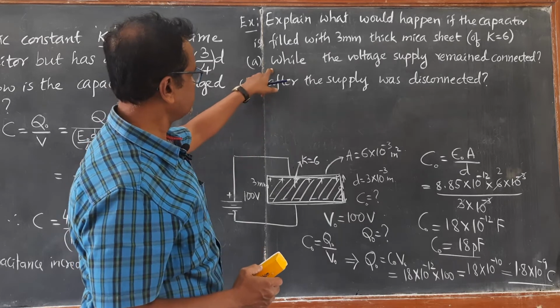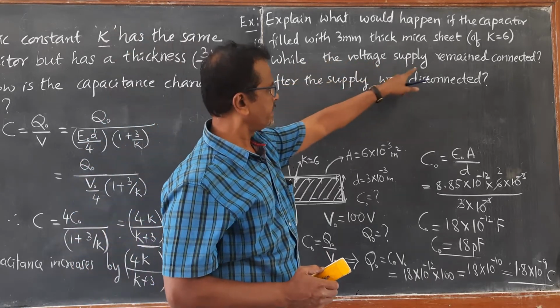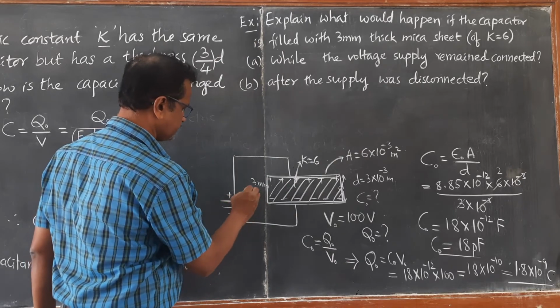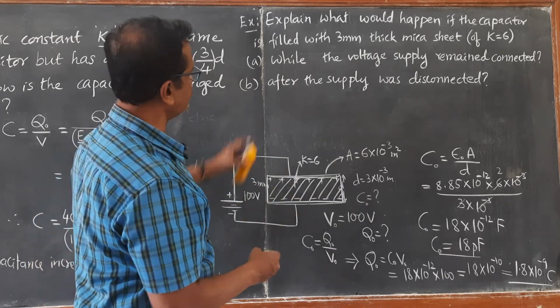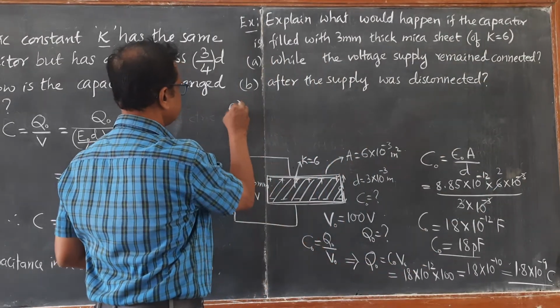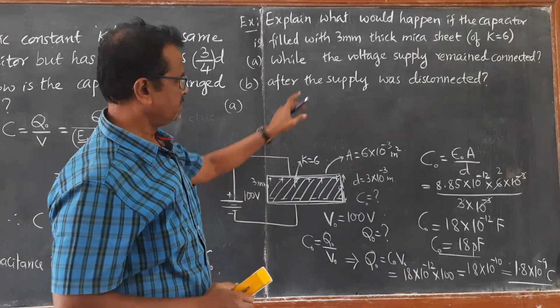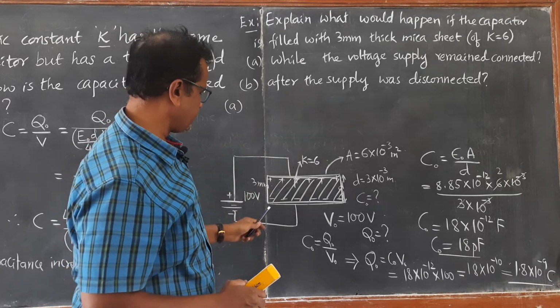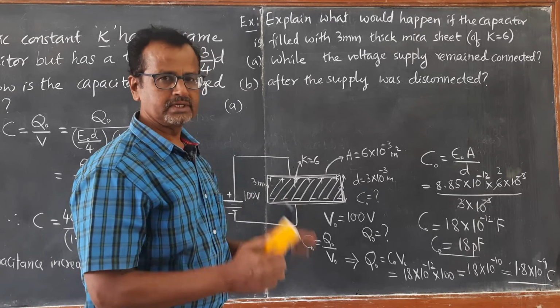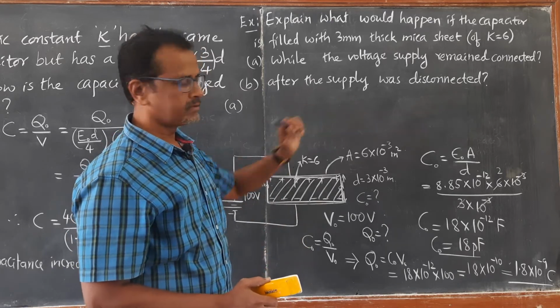First case: while the 100 volt voltage supply remains connected, what happens to the capacitance of the capacitor? Second: if this external supply of 100 volt is taken out once the capacitor is fully charged, we can find out the charge.